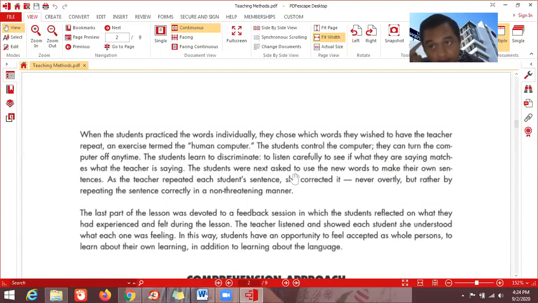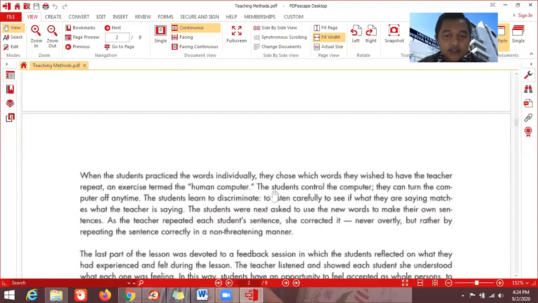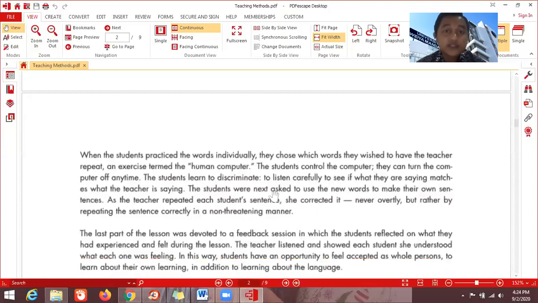But for community language learning, the psychological sense is added and the teacher's role is somehow decreased and lessened. When the students practice the words individually, they chose which words they wish to have the teacher repeat.